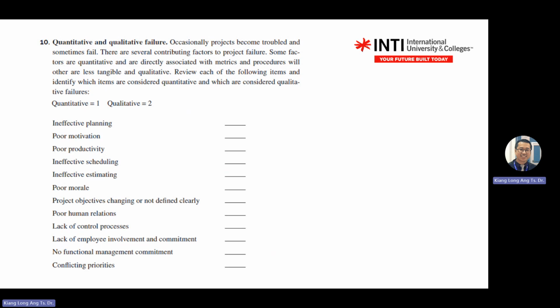In this case, it asks about failure, so you review which one is qualitative and quantitative, based on the wording there. I'll give you the answer. For example, planning: you have a Gantt chart, a time frame, a cost, an analysis, so it's quantitative.